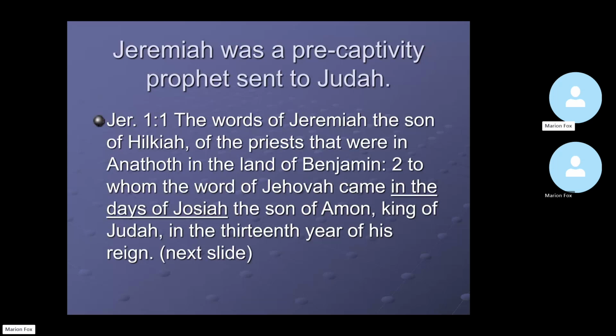Josiah was the last good king that Judah had, and he was one of the good kings. Now, I'm going to make a sidetrack just for a moment. The good kings in Israel and in Judah: there weren't any good kings in Israel, the northern 10 tribes. The good kings in Judah, the southern 2 tribes, drove out the Sodomites, and the bad kings let them back in.